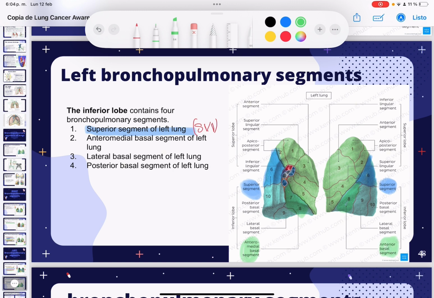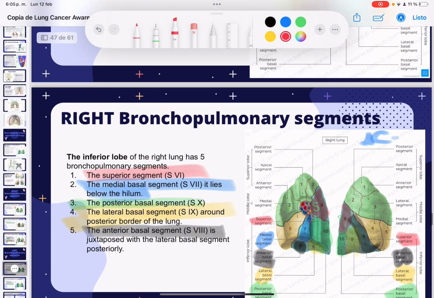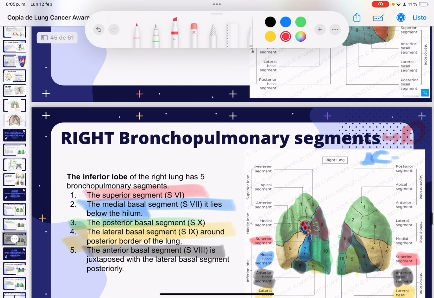We have lateral basal segment of the lung, lateral basal segment, 9, lateral basal, posterobasal segment, that will be the 10th. So in the left, we have just 8 bronchopulmonary segments, and in the right we will have 10 segments.